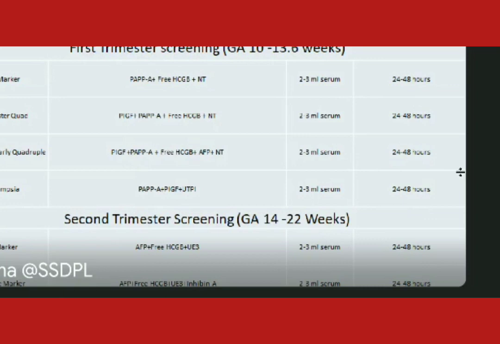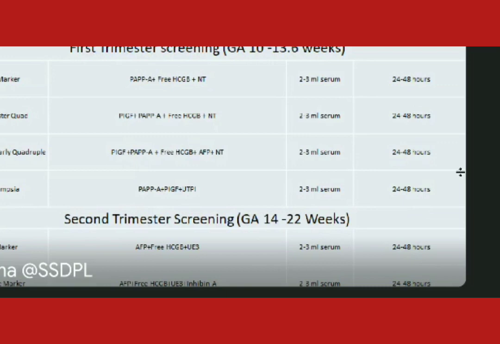A higher amount of change is seen with poor handling. Like if you see only 10 IU of beta hCG in the fresh sample, and there is a delay, then you could see 30 after 2 hours. At room temperature you could see 30, or after 48 hours even 100.